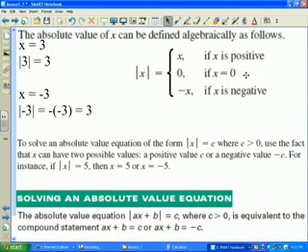The absolute value of x is 0 if x is 0. Simply means the absolute value of 0 is 0. And finally, the absolute value of x is the opposite of x if x is negative. For example, if x is -3, the absolute value of -3 is the opposite of -3, or +3.